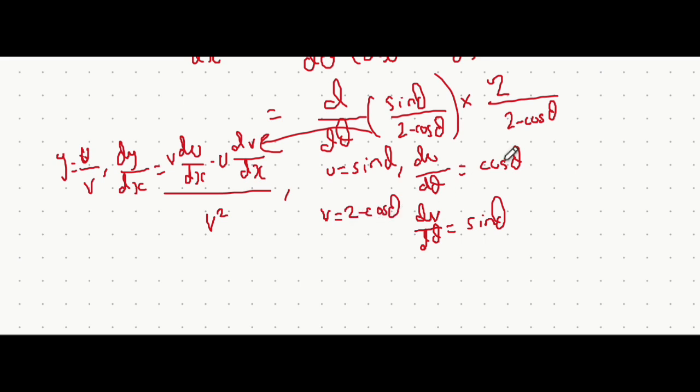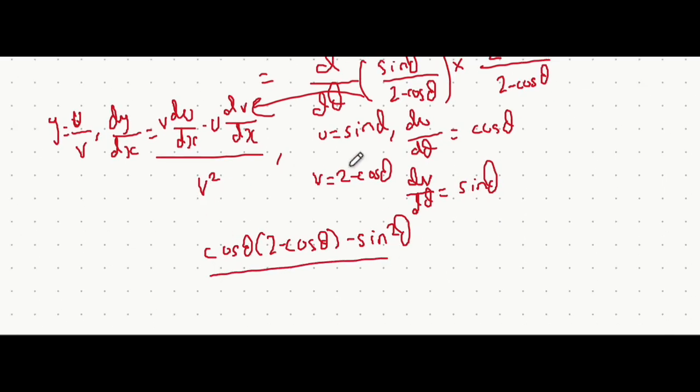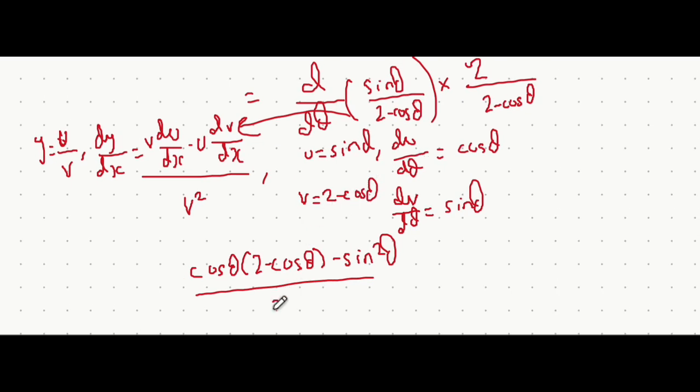So 2 minus cos theta all multiplied by cos theta becomes, well, let's write it out in terms of multiplication, because something might cancel out. So cos theta times 2 minus cos theta, minus u dv d theta, so sine theta times sine theta is sine squared theta, all over v squared, which is the square of 2 minus cos theta.